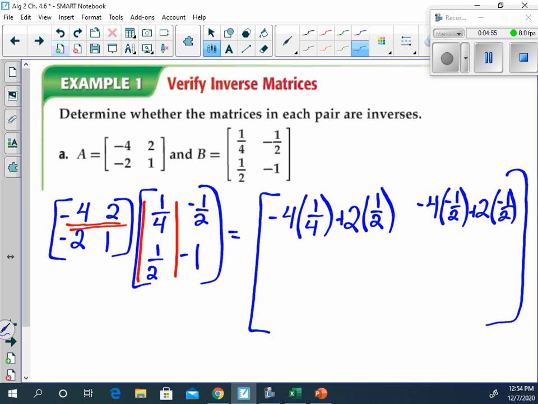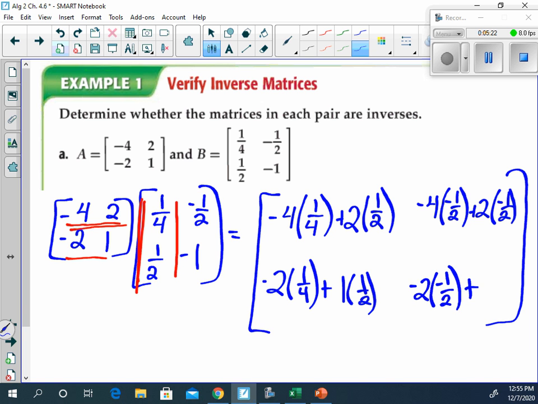We're going to do the same thing with the next row, over, down. So we're going to have negative 2 times 1/4 plus 1 times 1/2. And lastly, we're going to go over and down to our -2 times -1/2 plus 1 times -1.